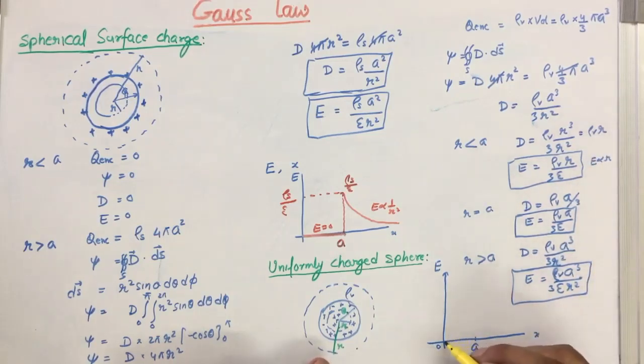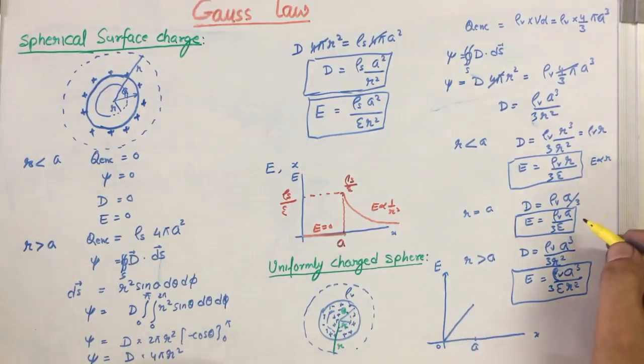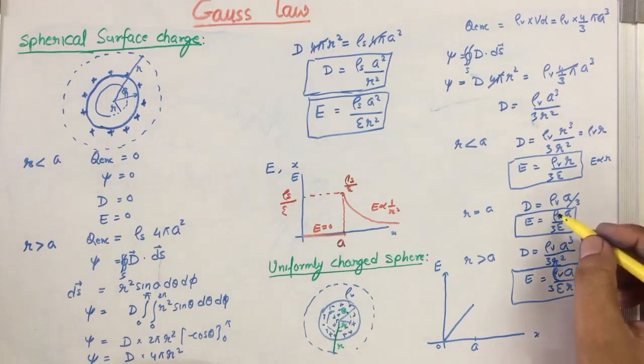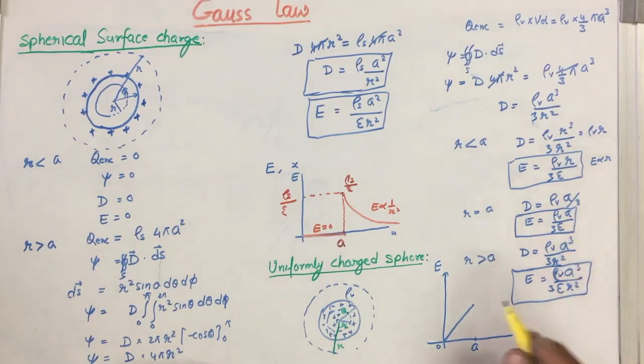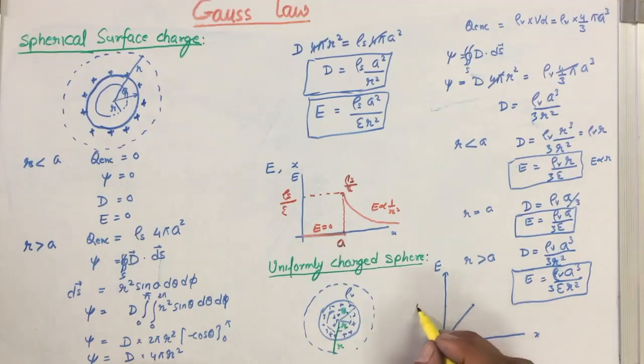So there will be a linear variation. Okay. At r equal to A, everything is constant, so it is the maximum value, that is rho v A by 3 epsilon. This is the maximum at the surface.